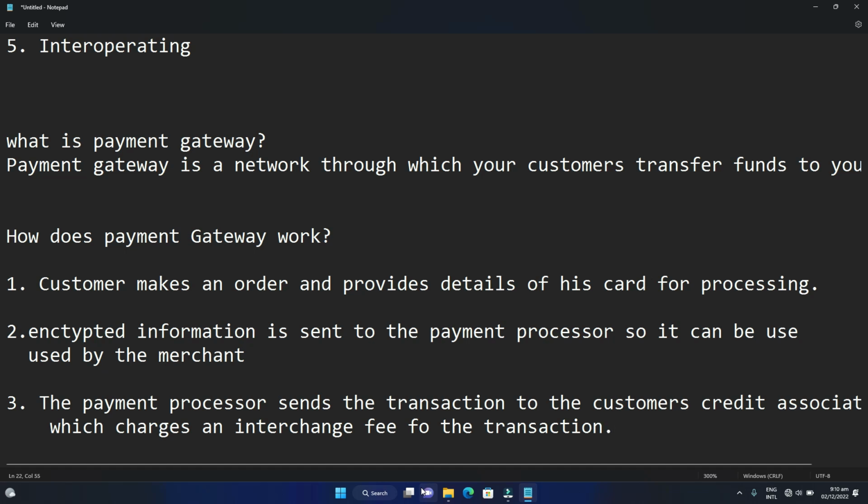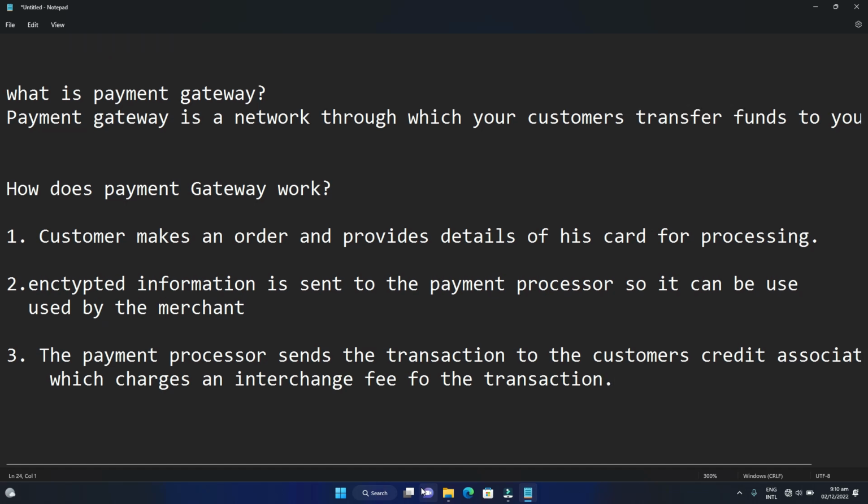The payment will be sent to your network, if you are using MTN, the payment will be sent to MTN for them to process your payments. So that's one step.